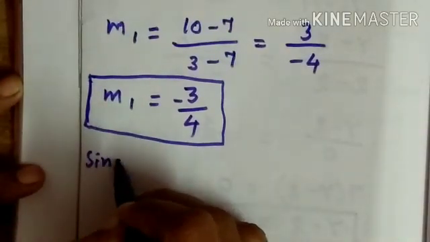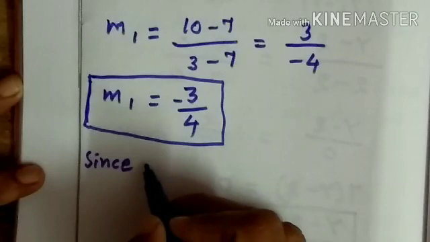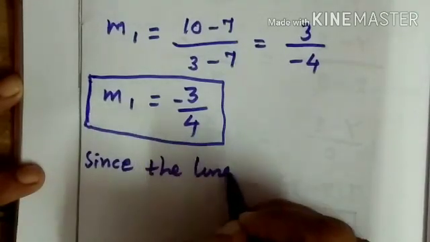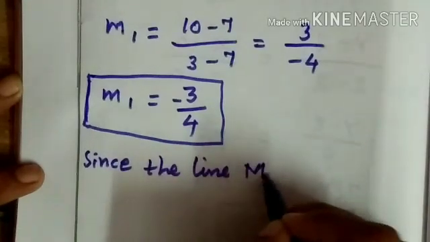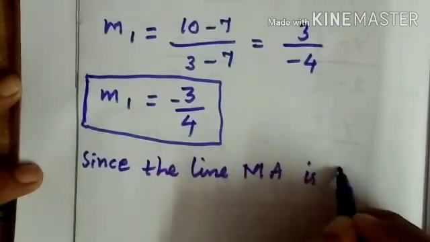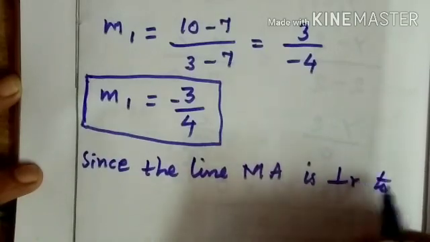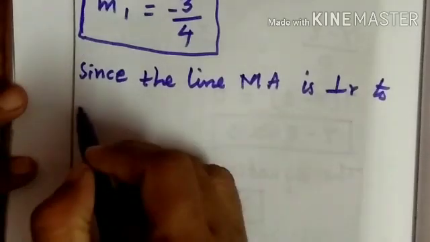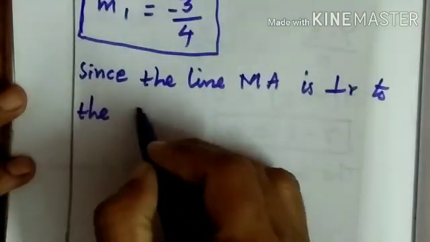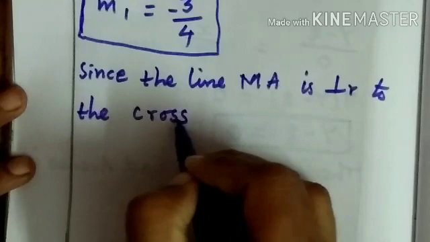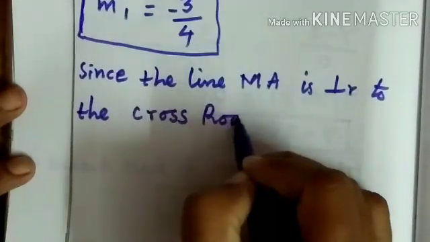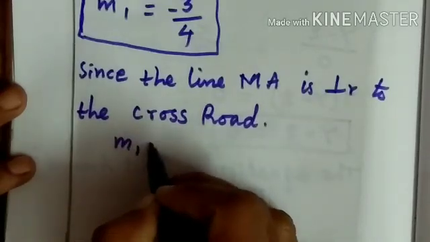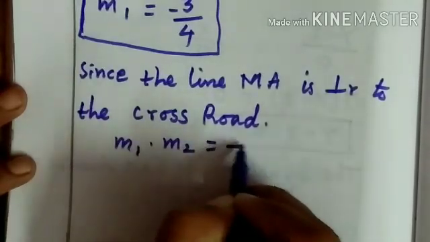Since the line MA is perpendicular to the crossroad, therefore, you have to apply the condition m1 into m2 is equal to minus 1.